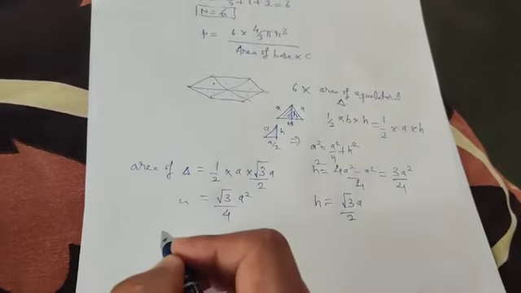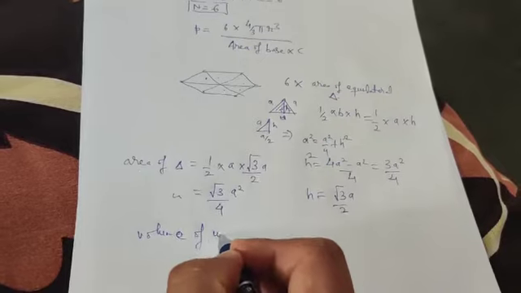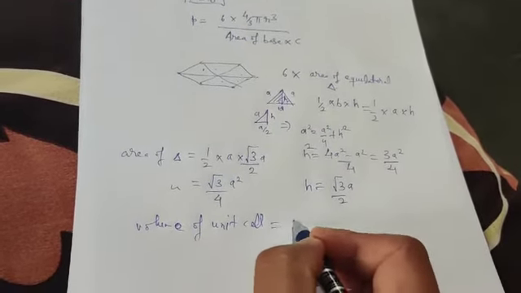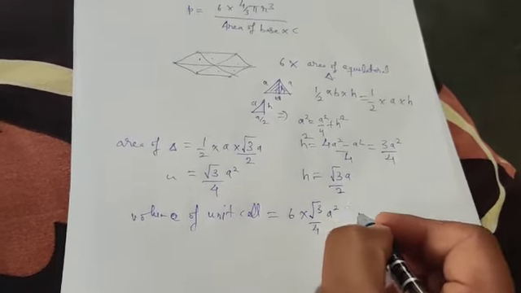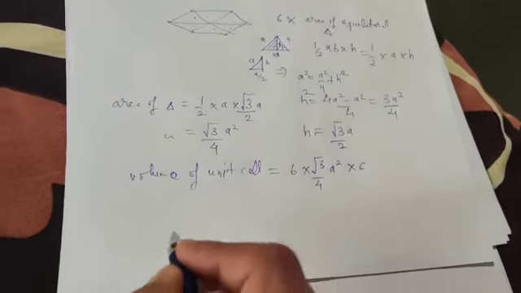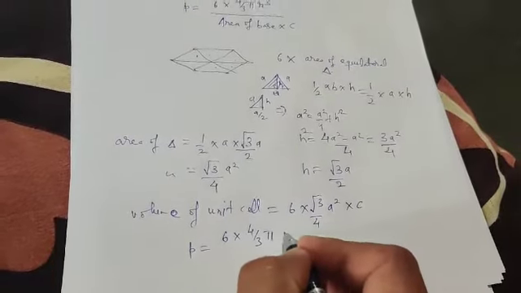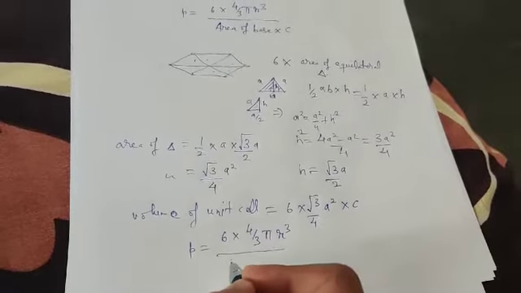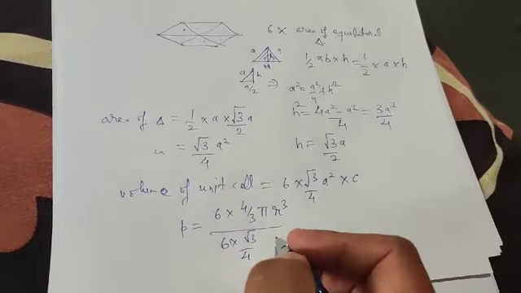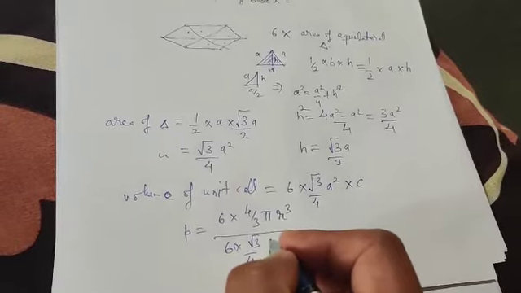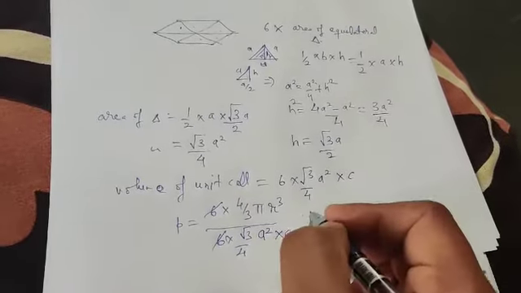Therefore the volume of the unit cell will be 6 into under root 3 upon 4 into A square into height, which is C. So therefore the packing fraction will be 6 into 4 by 3 pi r cube divided by 6 into under root 3 upon 4 into A square into C. The 6 cancels.